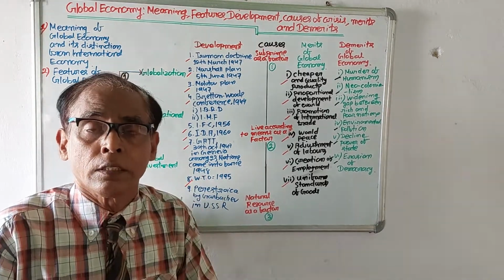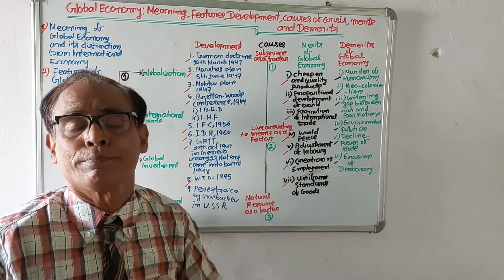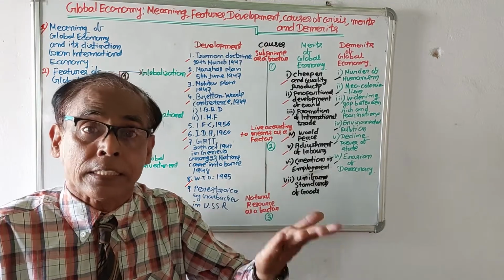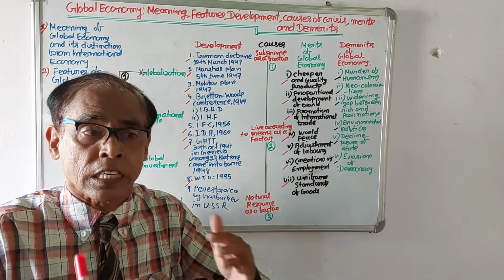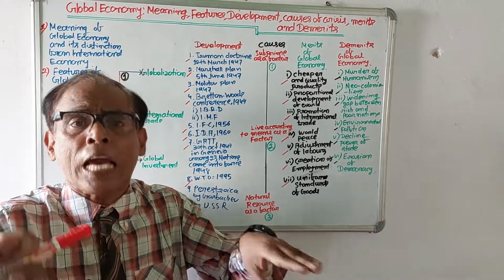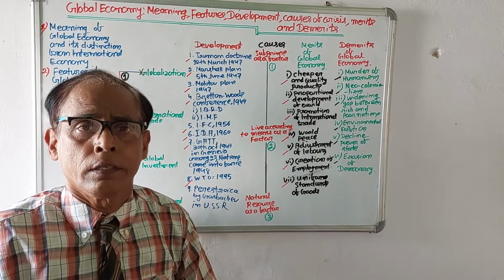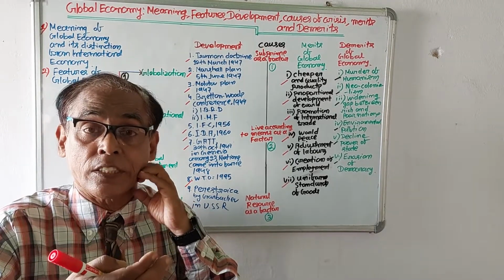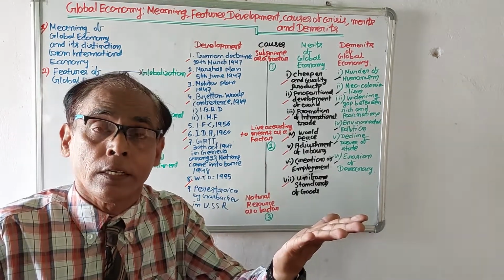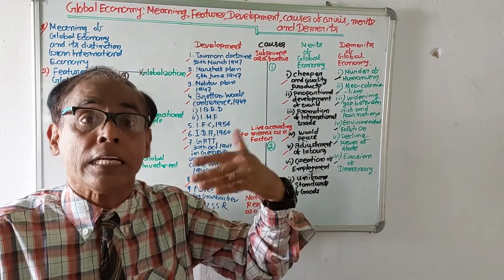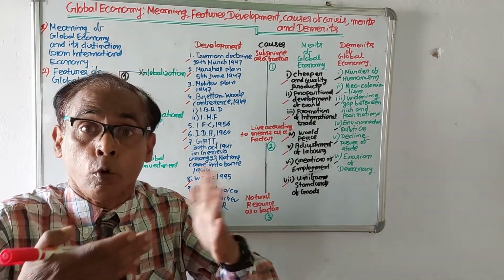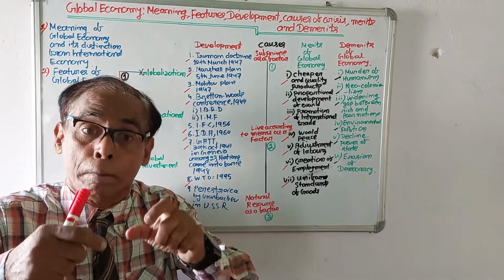The subprime factor means subprime is different from prime. Sometimes international banks, nations, multinational corporations give loans to nations at an average rate. It is the prime rate. And sometimes international corporations, international banking institutions provide money at a higher rate of interest by taking risks to poor nations or economically backward nations.